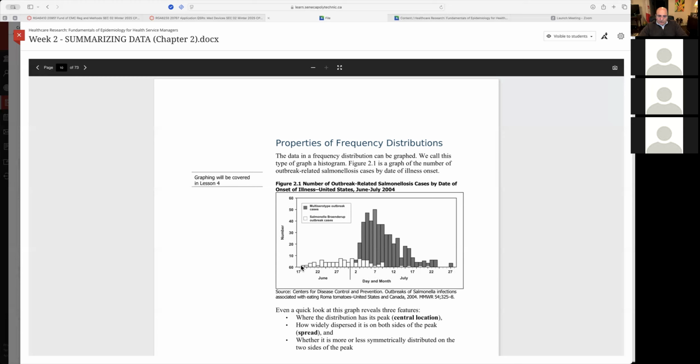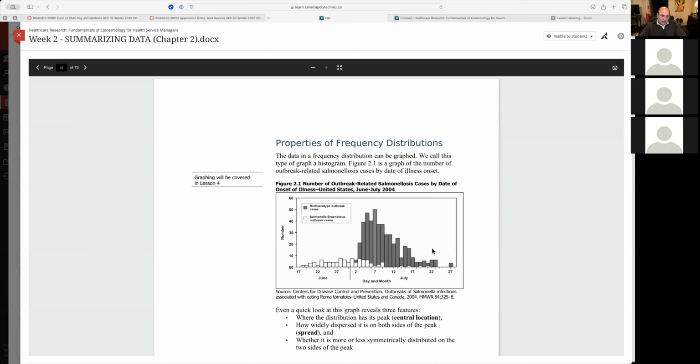Now we are going to draw a curve, and you're going to see if the frequency distribution is symmetric. If it is symmetric, it means that we can draw a bell-shaped curve, and in this case, we call that a normal distribution.